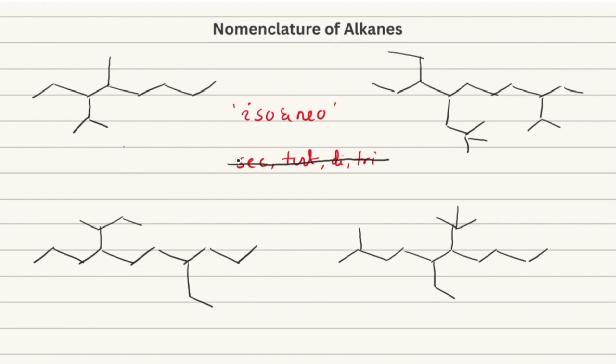That means we should not consider the S of secondary, T of tertiary while comparing alphabetical priority. If it is secondary butyl, compare the B of butyl but not the secondary. Keeping this in mind, let's name the given molecules.